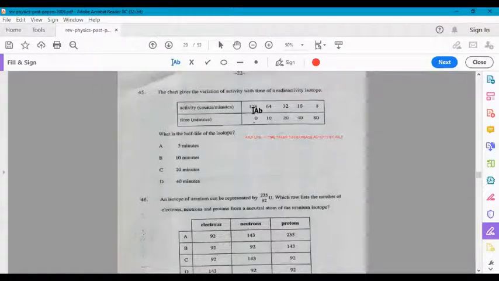If we look at the first two values, 128, if we divide that by 2 to get exactly half the original activity, we're going to end up at 64, and the time elapsed between those two readings would be 10 minutes. And we go again, 64 divided by 2 gives us 32. 10 to 20, that's another 10 minutes. So 10 minutes would be the half-life.